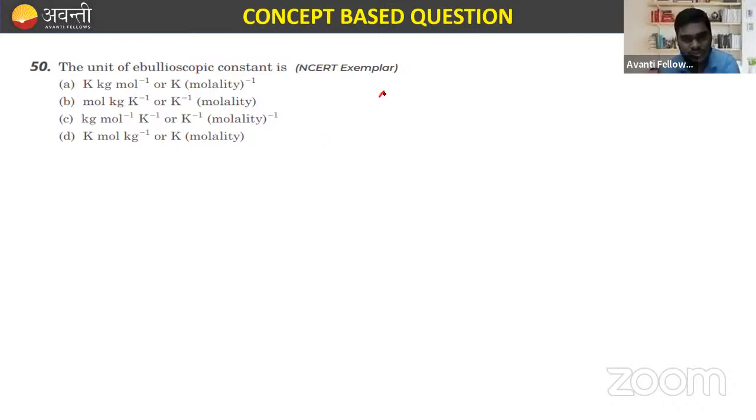Yes, KB. So we know that delta TB is nothing but equal to KB into molality. So what is KB, beta? KB is nothing but delta TB divided by molality, right? And what is the unit of delta TB? We all know delta TB is nothing but Kelvin.